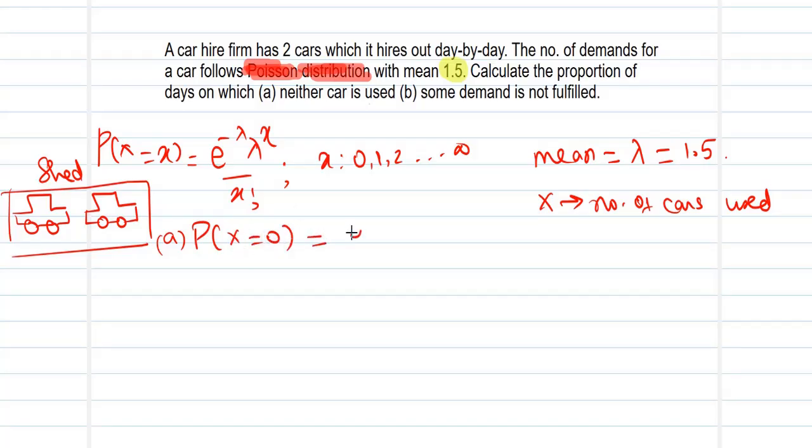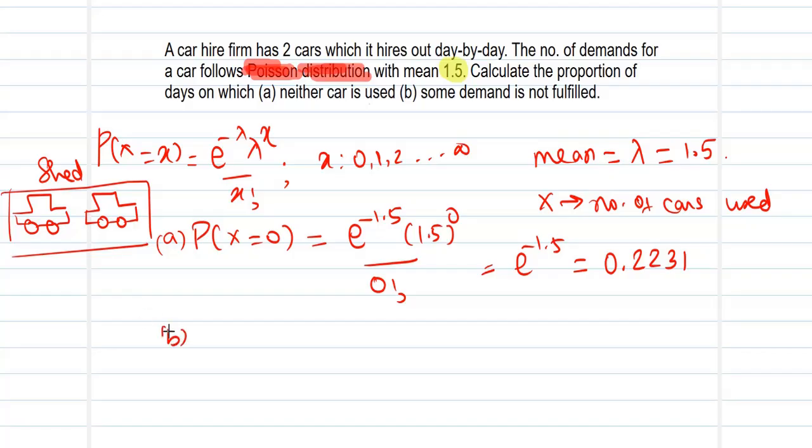So this is going to be e to the power of minus 1.5, 1.5 to the power of 0 by 0 factorial. Anything to the power 0 is going to be 1, and 0 factorial is also equal to 1. So you just have to estimate e to the power of minus 1.5 using your calculators, which you can get as 0.2231.